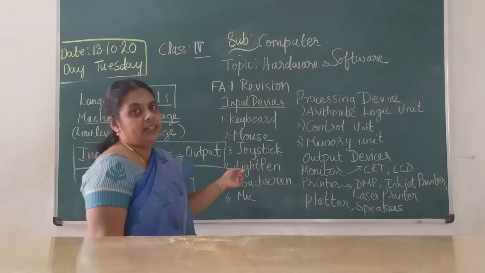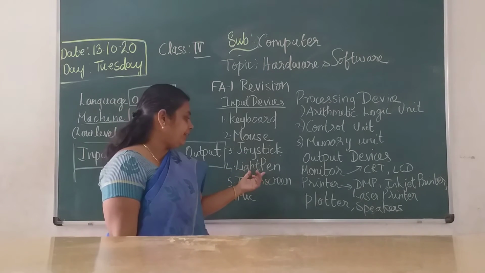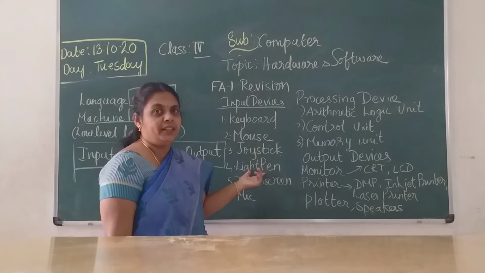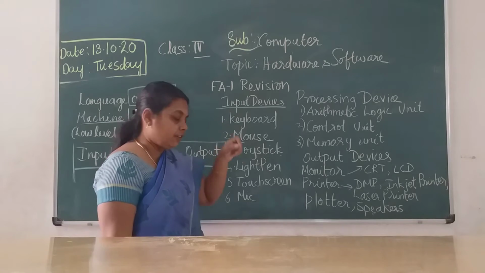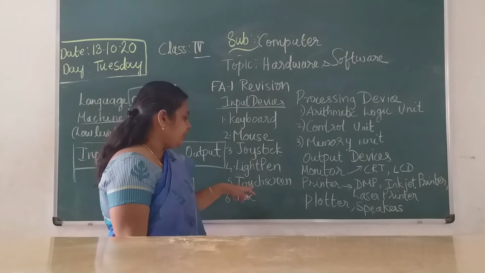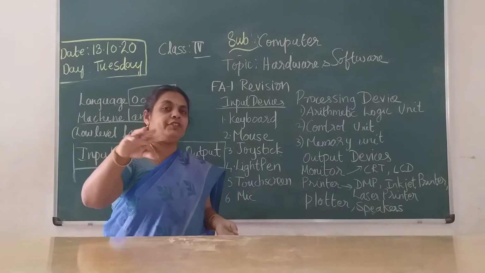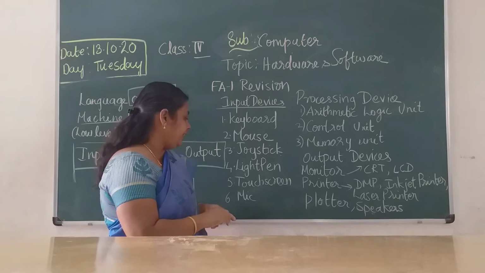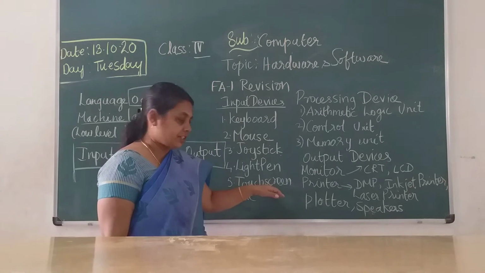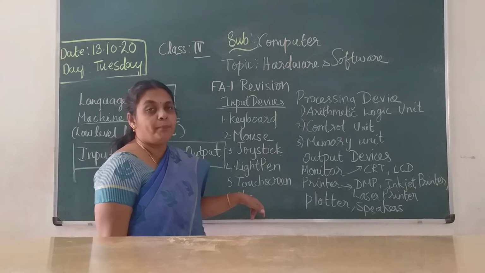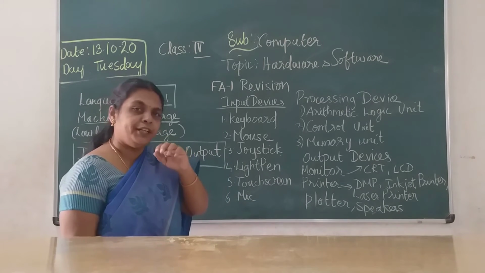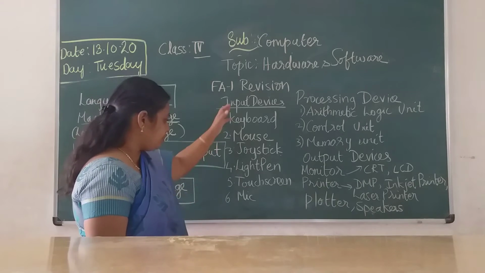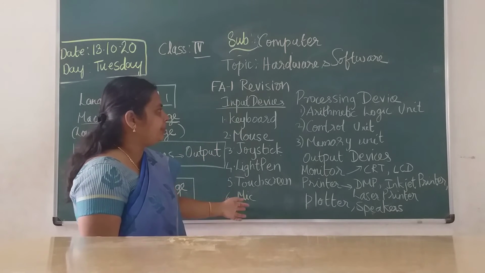Then the light pen, which helps you write on the screen of the computer, like writing with a pen. Then the touch screen, where you touch the screen with your fingers to give instructions. Then the microphone, where you speak and give input to the computer. These are examples of input devices.